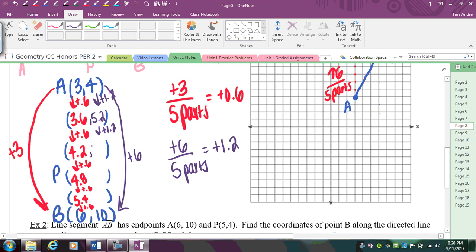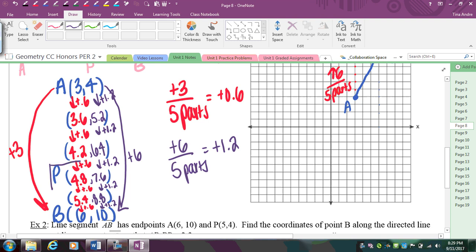And you keep doing this process, and you should end up seeing that your numbers work out in the end. So I have 7.6, add 1.2, so I get 8.8, add 1.2, and you end up with 10.